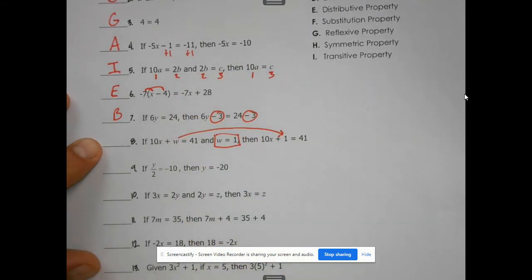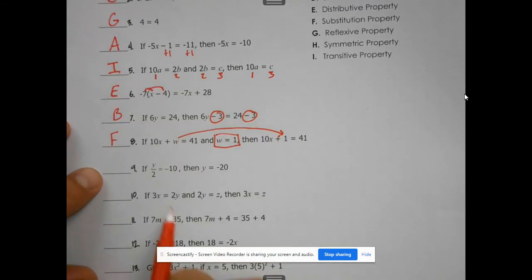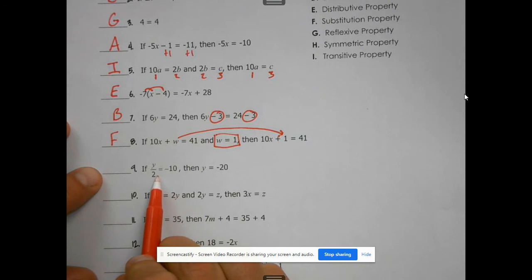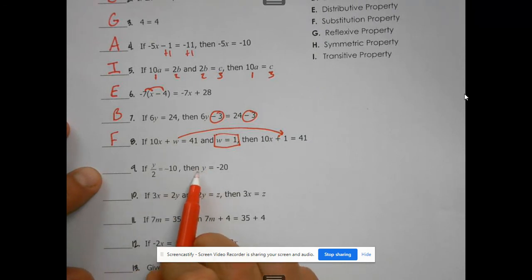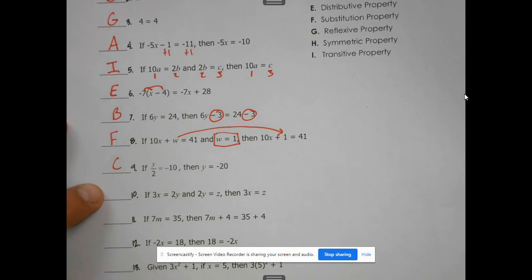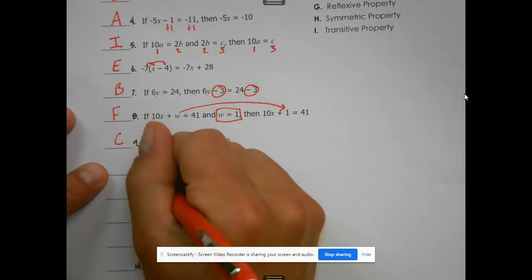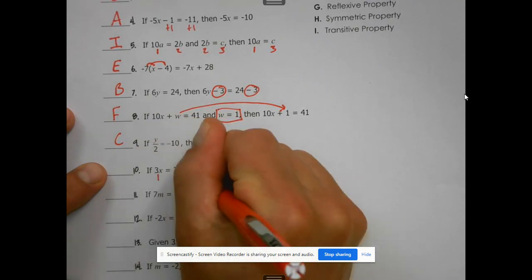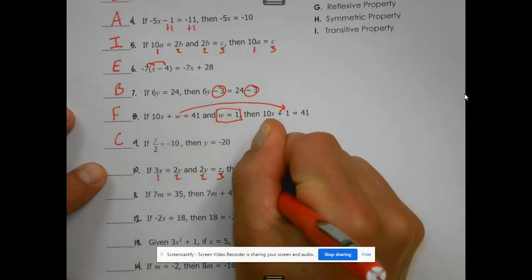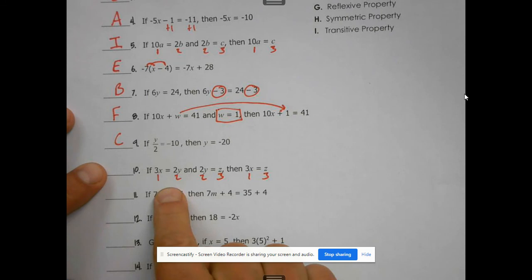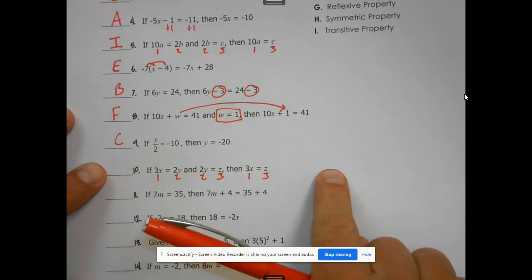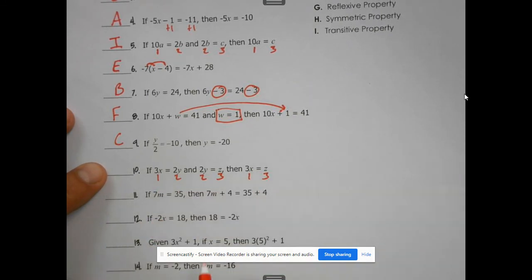So when you replace something, that is our substitution property, letter F. Number 9, if they just multiplied both sides by 2, that's your multiplication property, letter C. Number 10 is that goofy one again. Call this guy a 1, a 2. If 1 equals 2 and 2 equals 3, then I can say 1 equals 3. That's your transitive property. We'll talk more about that later.